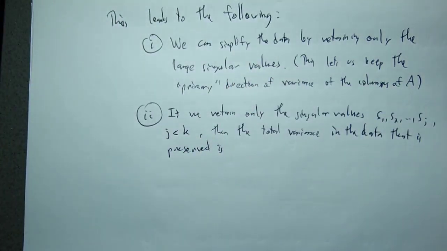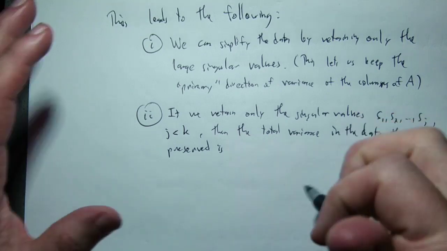Well, this would be the sum of the proportions of the total variance in each of the directions. So it would be s sub 1 squared over the sum of the squares of all the singular values, plus s sub 2 squared over the sum of the squares of all the singular values, and so on, all the way up to adding on s sub j squared over the sum of the squares of all the singular values.